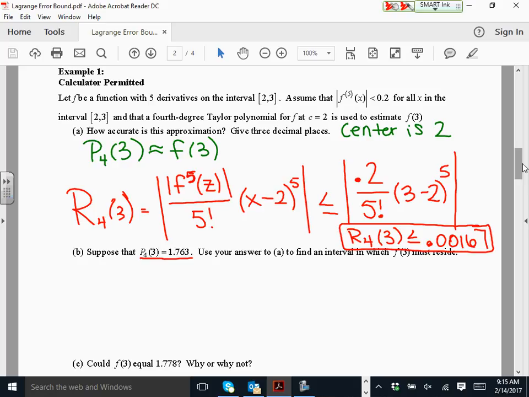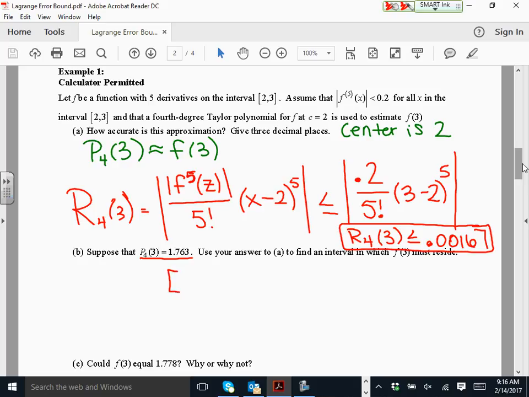When we plugged in 3 to our polynomial, we got 1.763. So what's the interval that f of 3 would have to be in? Our approximation was 1.763 and our error is 0.002 if we round to 3 decimal places.